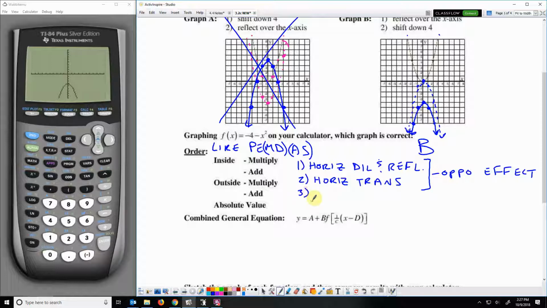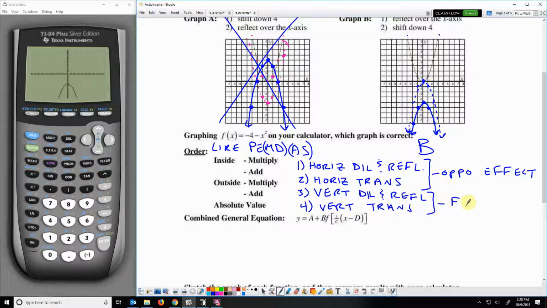The third thing you're going to look for is now you're going outside the function and you're going to be multiplying first, so you're looking for vertical dilation and reflection. And fourth, you're going to be looking for a vertical translation. And remember that these go at face value.